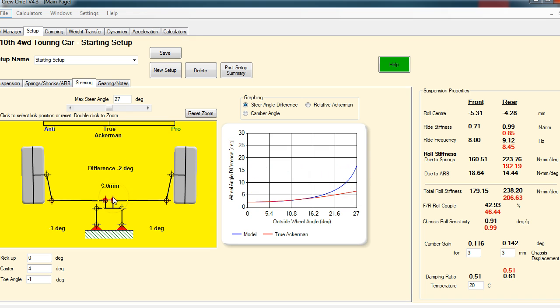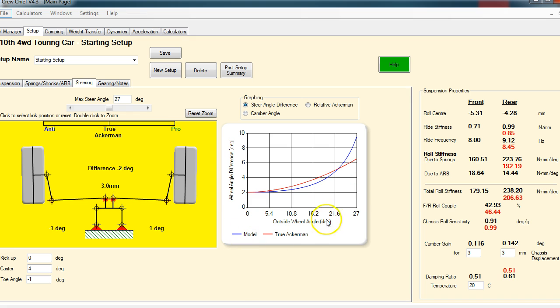Whereas if we shim this out, so we go to our 3mm shims, now we only have somewhere slightly more than 6 degrees. So you can see you can have a big impact on the amount of Ackerman just by changing the location and the shims on your steering rack.